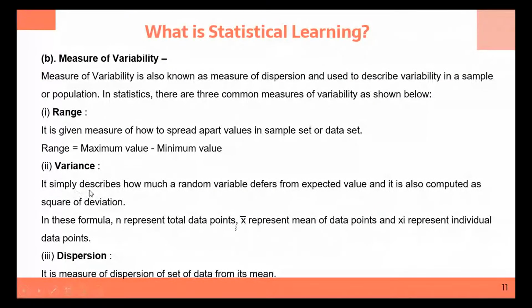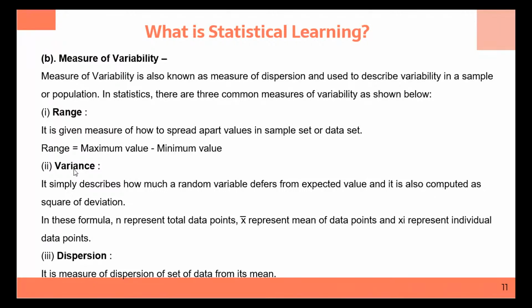It simply describes how a random variable differs from the expected value, and it is also computed as a square of deviation. Whenever you take the square of deviation, you get the variance, meaning how much it varies.